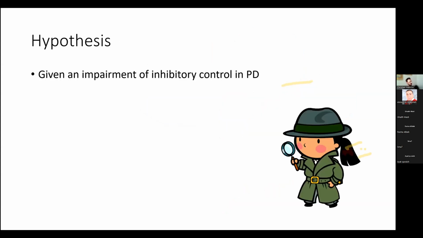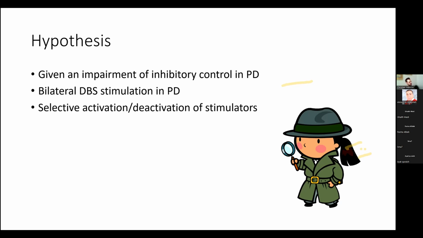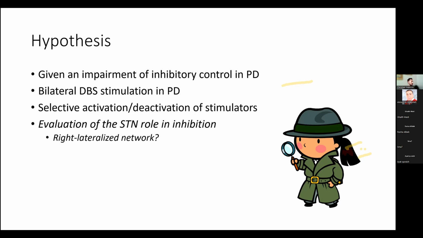So our hypothesis is very simple. Given that we have an impairment of inhibitory control in Parkinson's disease, and given that we have bilateral deep brain stimulation in Parkinson's disease patients, even if they are very rare, but there are still enough patients to do some research, then given that we can selectively activate and deactivate these stimulators during the administration of the stop signal task that I explained to you before, we can evaluate the role of the subthalamic nuclei in inhibition and answer the question, is it right lateralized or not?